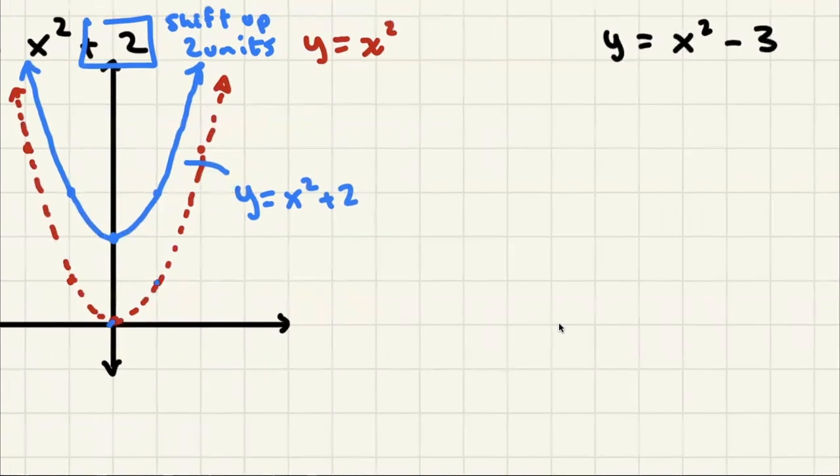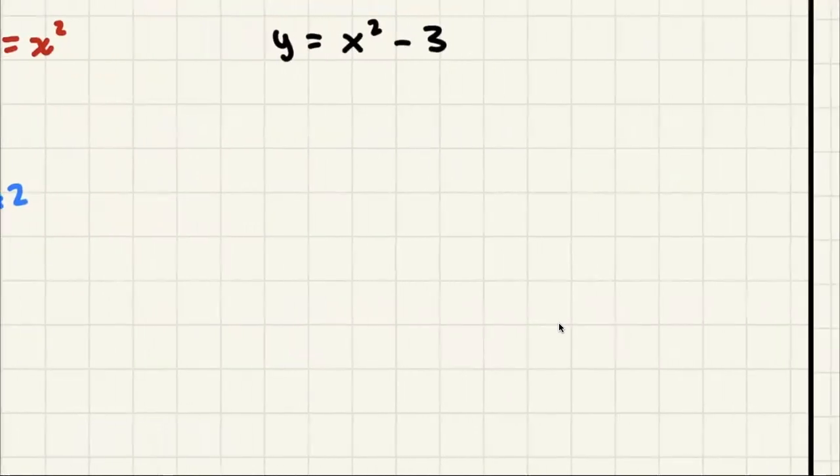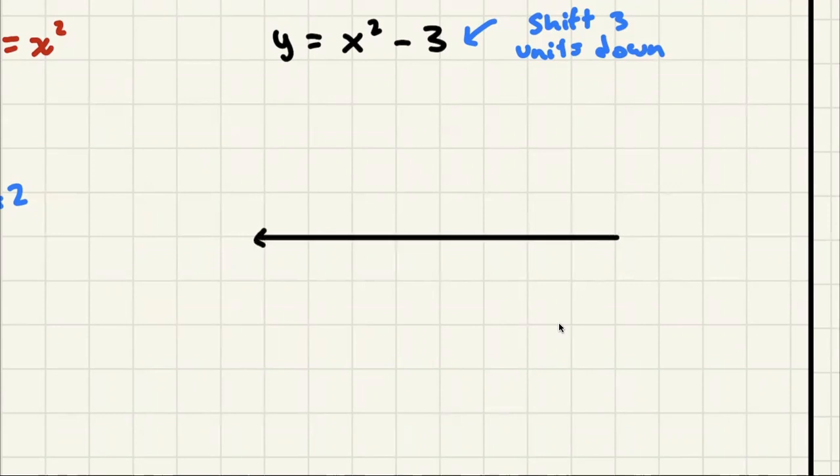Now we have minus on the next one, so we're actually going to go down. This says shift 3 units down. It's a vertical shift, right? So let's draw our graph.